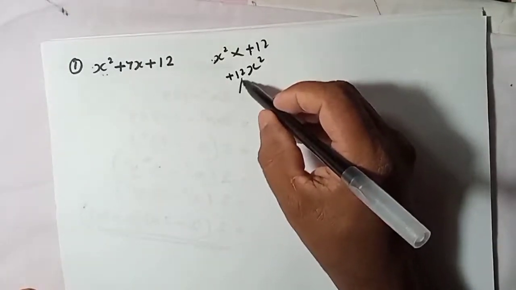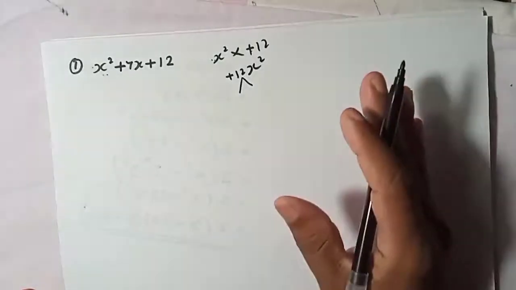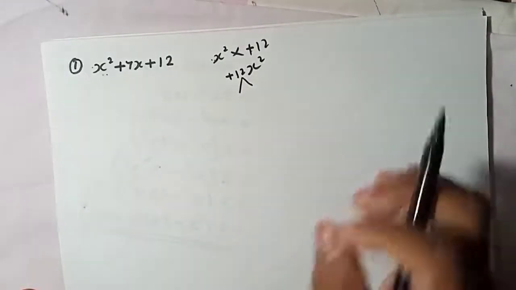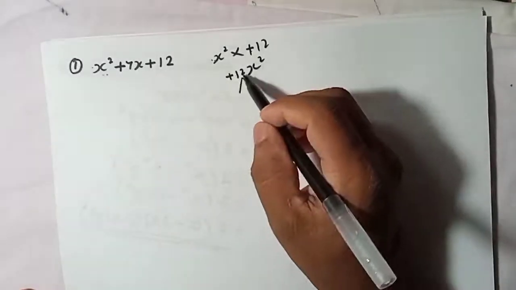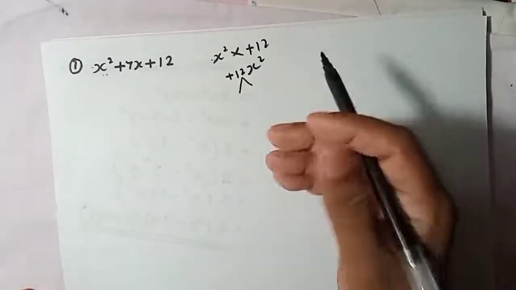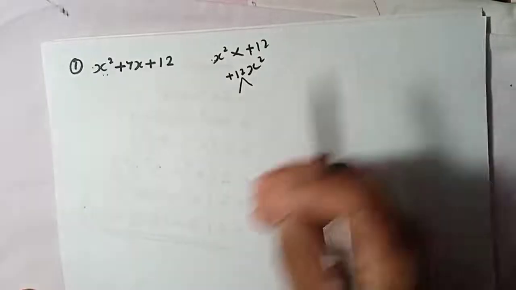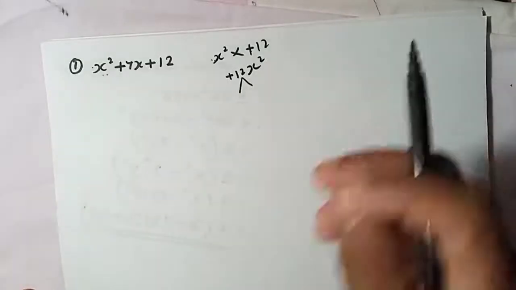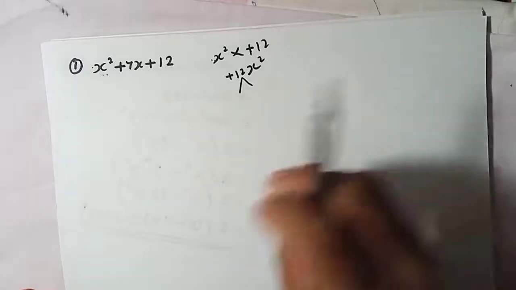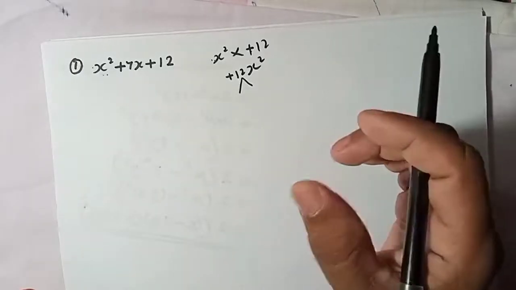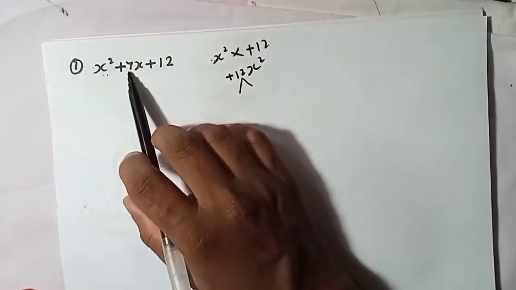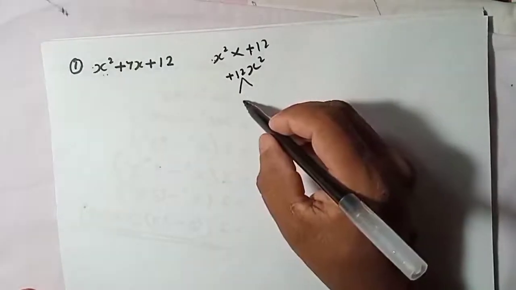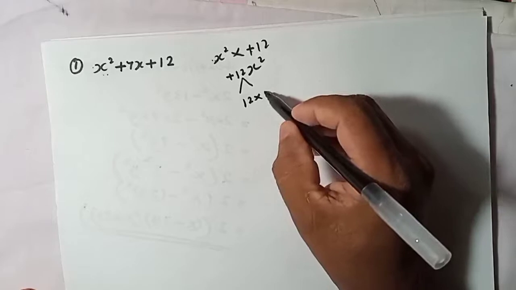Then now you have to think how we can get 12. Don't care about the sign, plus or minus, first of all. Just think how you can make 12. How can you make 12 by multiplying two numbers? 2 into 6, 4 into 3, 12 into 1, like that. And then when you add or subtract those two numbers, you have to get this one, right? For example, I can make 12 into 1.